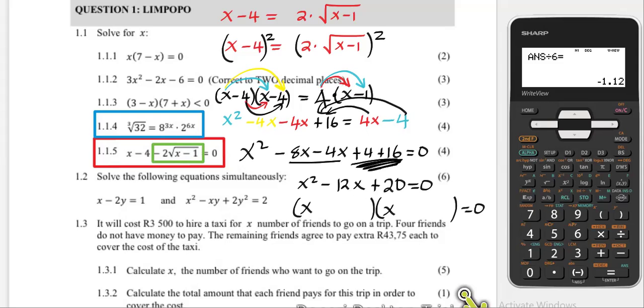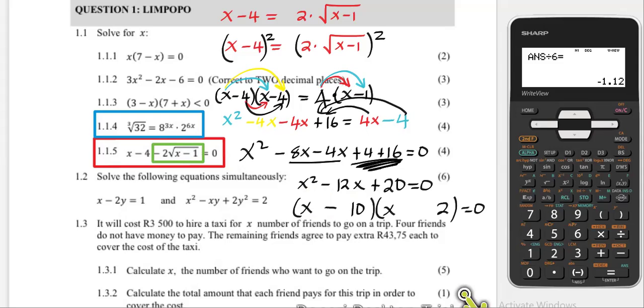It's 20. Now we can factorize. Two numbers that when you multiply them together give you 20, but add to 12. It's 10 and 2. And last time I said when it says plus, plus means same signs, the middle one.